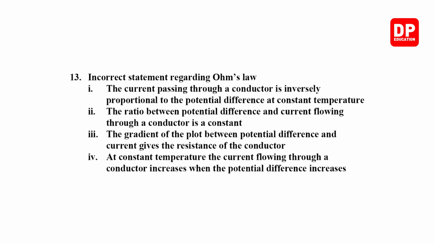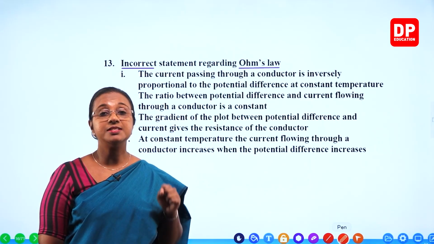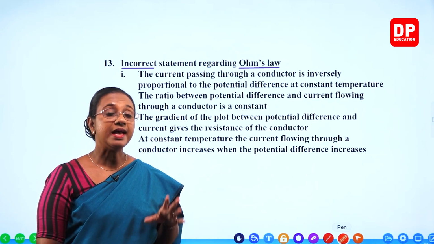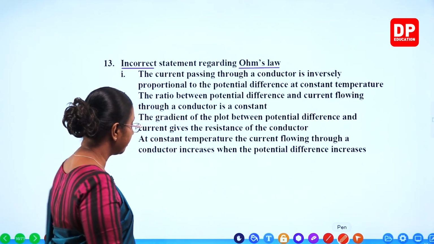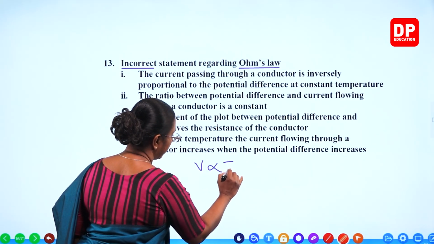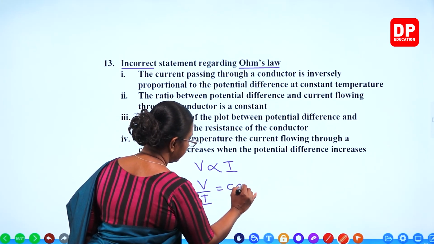Question number 30. Incorrect statement regarding Ohm's law. What is Ohm's law? At constant temperature, the potential difference is directly proportional to current. So, from that, we get the equation. You all can remember, we have V proportional to I. Therefore, V over I is a constant.